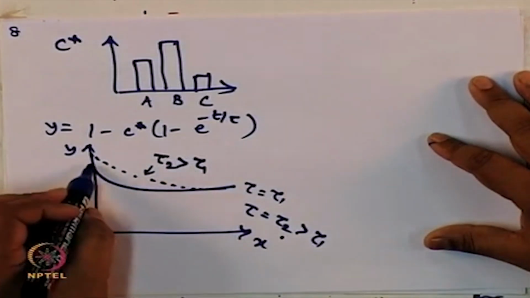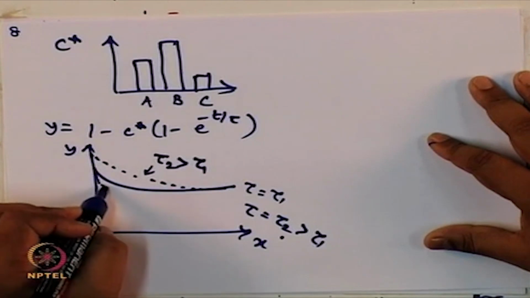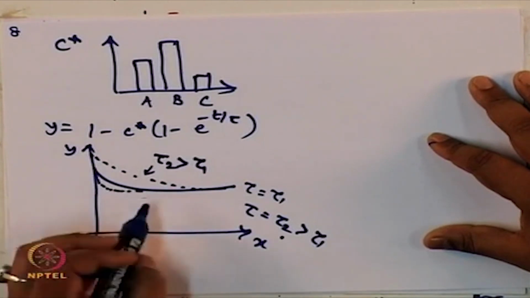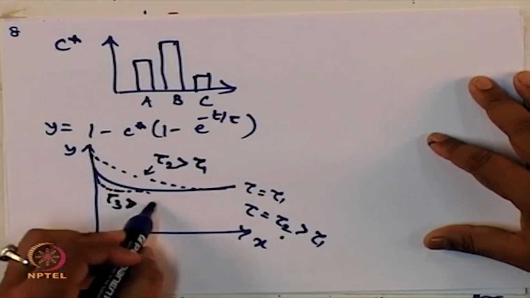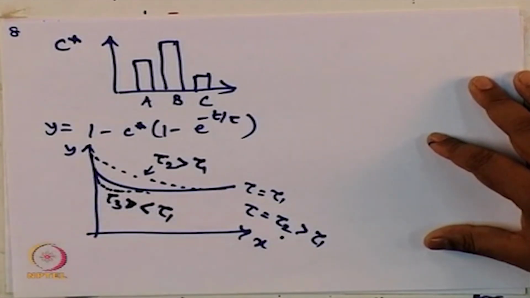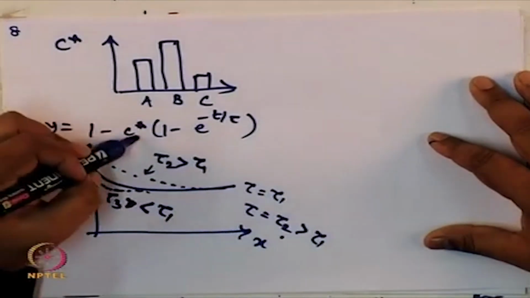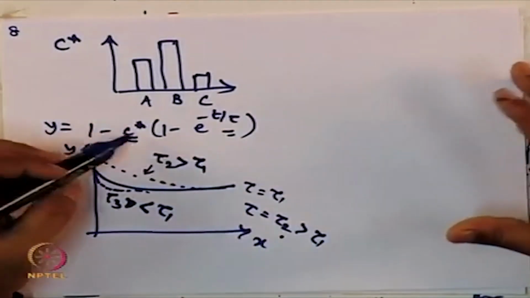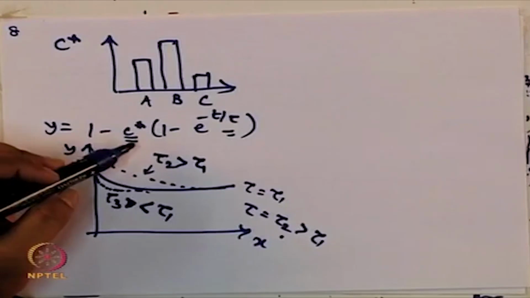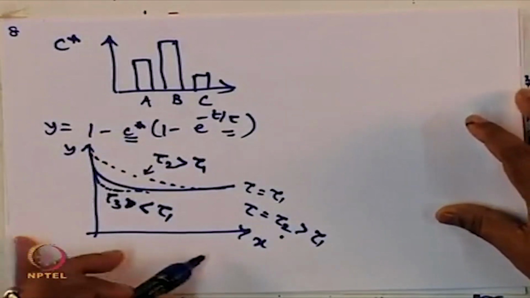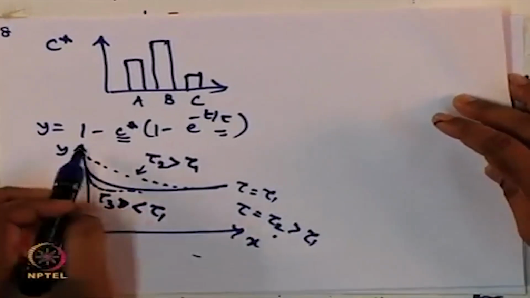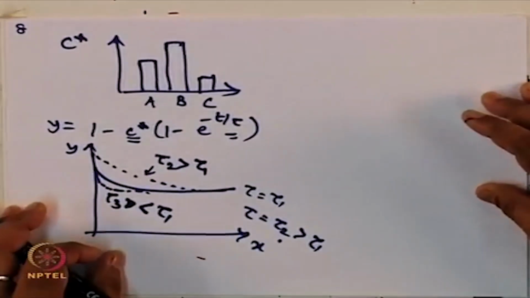Similarly, if I have something which is super fast, then the curve should look like this. So, this is tau 3, much less than tau 1. This is how you can find out these two. So, in this particular case there are two well defined time constants, c star and tau, and this is how it plots. Okay. Now, this particular equation has a caveat.